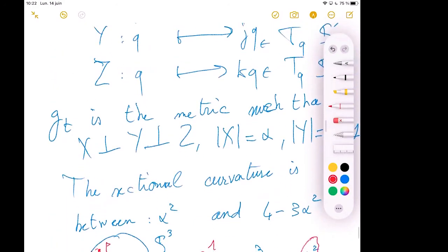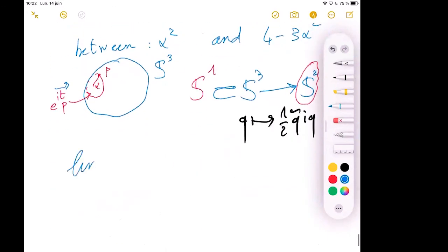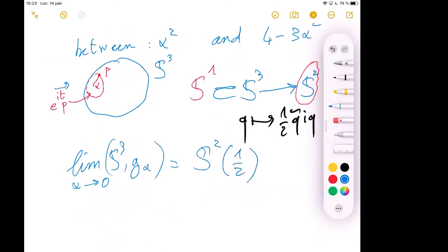G_T or G_alpha? Yeah. Since I will share the notes, let me try to get reasonable notations. So the limit as alpha goes to 0 of S3 with that metric G_alpha is equal to S2, but with, say, radius 1/2.